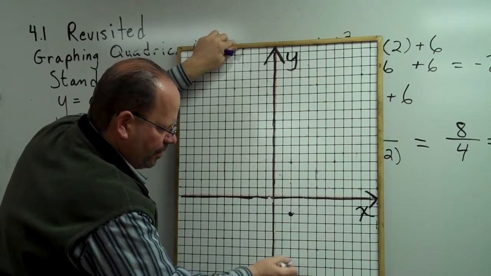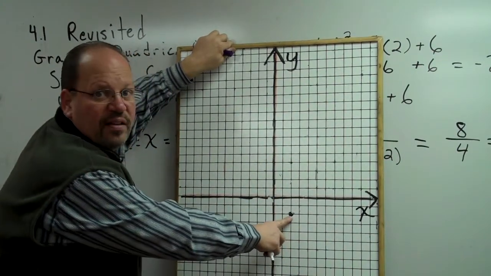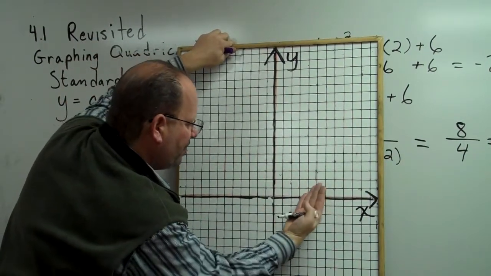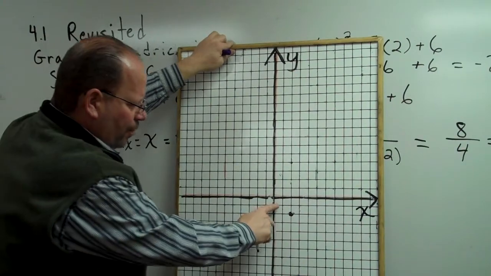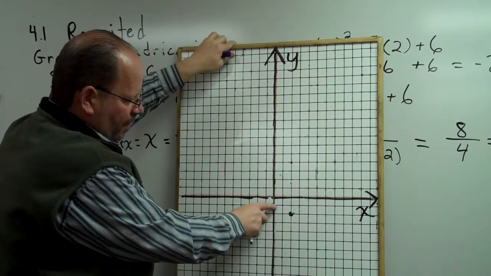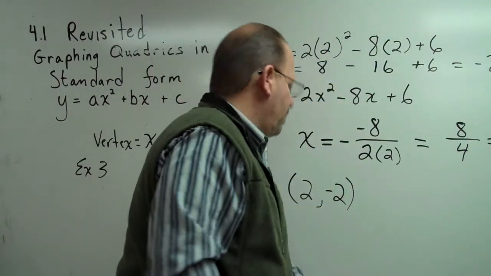We found our axis of symmetry. That's where our vertex is, and our parabola is going to reflect on both sides of that axis. So all we need to do is find 2 points on either side. 0 and 1 are easy numbers to work with.